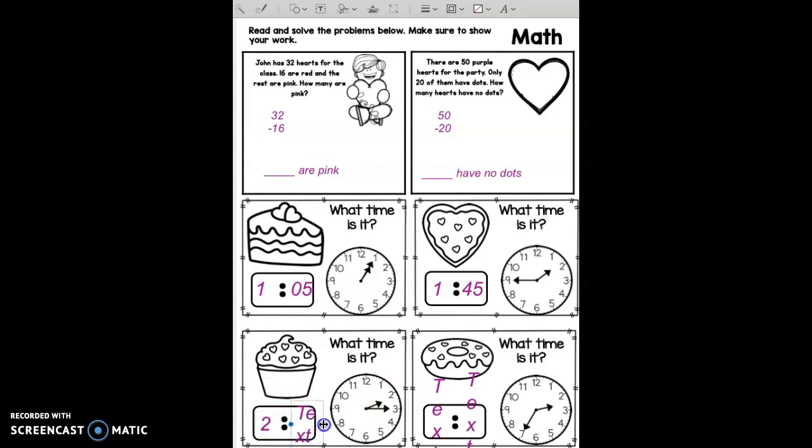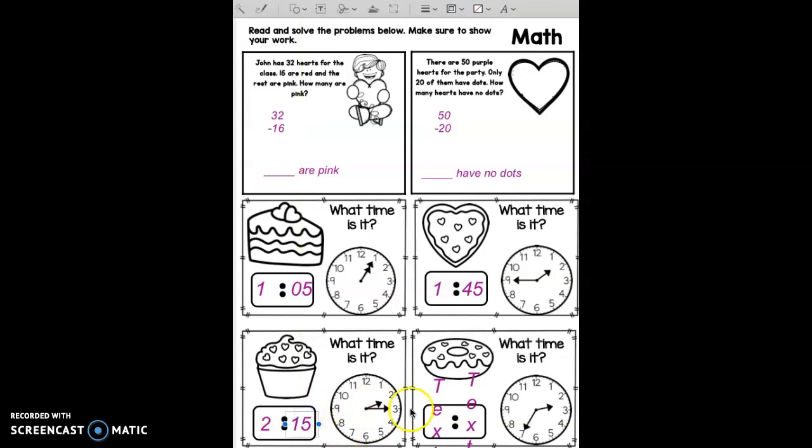Make this one a little bigger. Perfect. Now we're going to count how many minutes after 2. So we're going to get to the minute hand, but we start at the 12 and we count by 5s. 5, 10, 15. So it's 2:15. And we put in our 15.